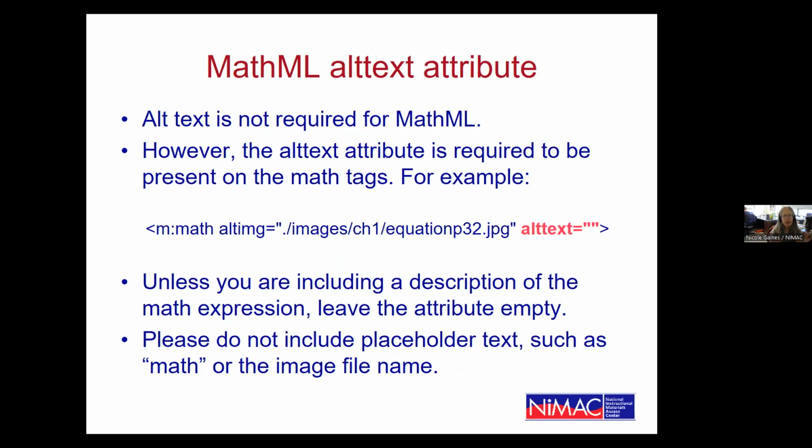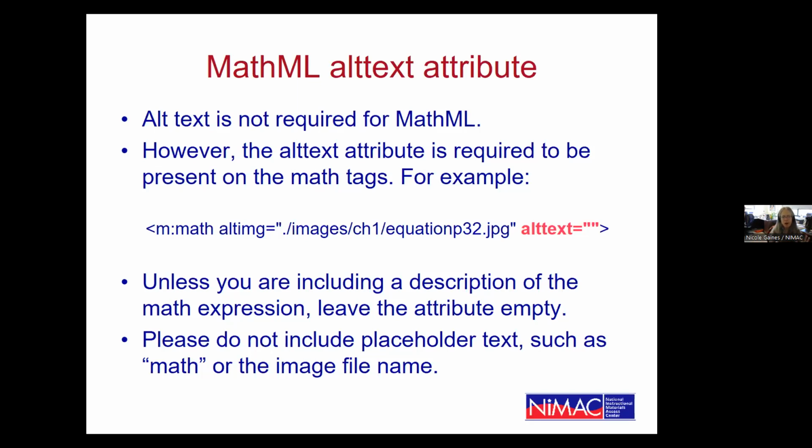In terms of alt text for MathML, as with the file set as a whole, it is optional. It is not required. However, including the attribute on the tag is. So even if you don't include the actual alt text, we do ask that you include that little alt text attribute on the math tag. Another pointer here is simply that unless you are including a description of the math expression, please leave the attribute empty.